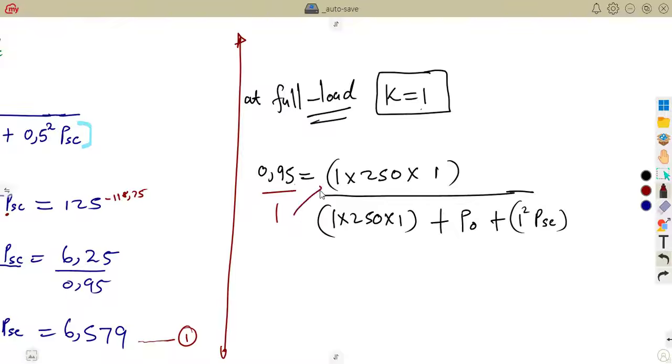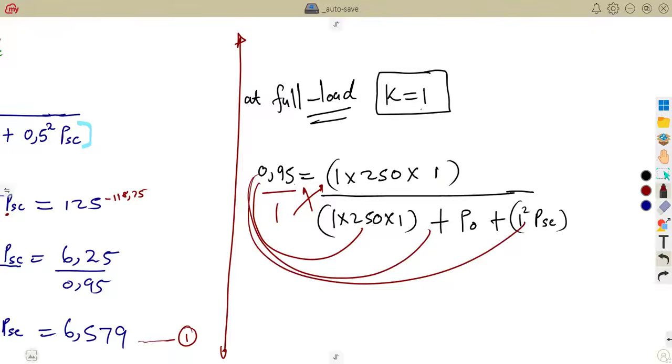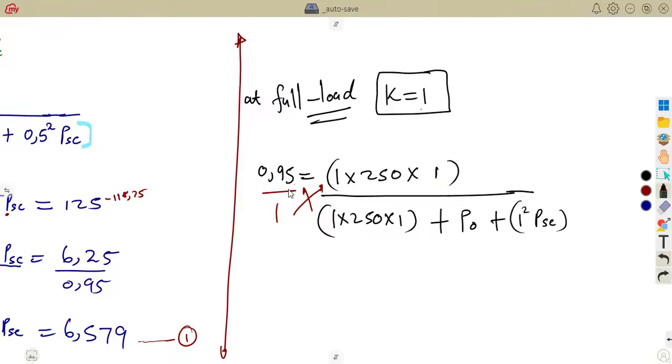So you're going to cross multiply. Take note, 0.95 multiplies everything here. So it's 0.95 times this, 0.95 times this, 0.95 times this. Let's cross multiply 0.95 times this bracket.